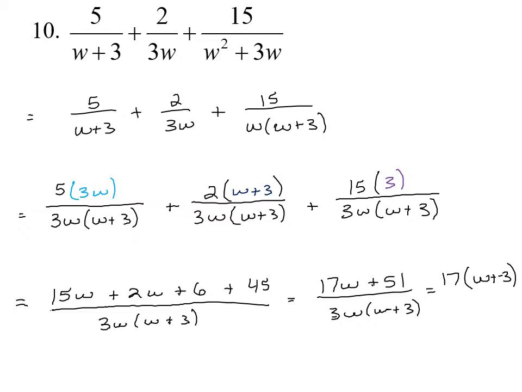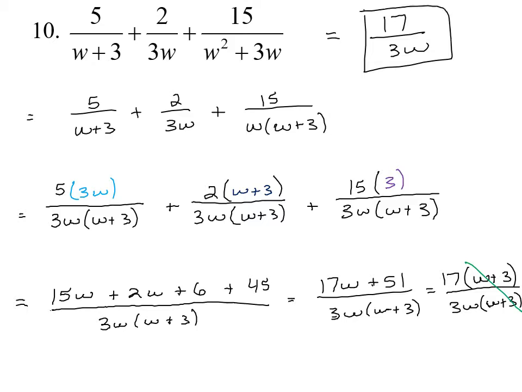Not negative 3, just 3. And so if it does simplify, we do want to go ahead and simplify it. The w plus 3's cancel. And so this whole thing is 17 over 3w. That simplified a lot more than I thought it would.